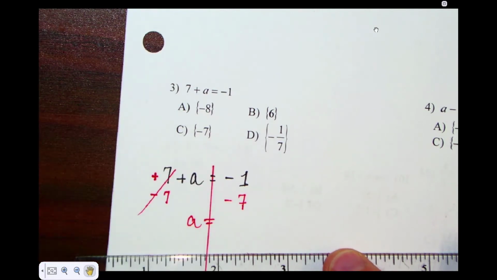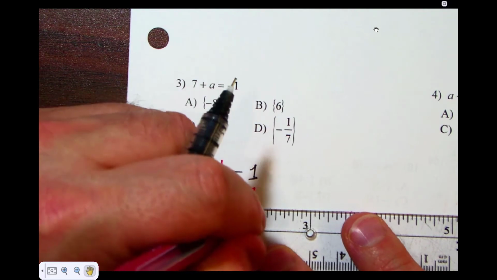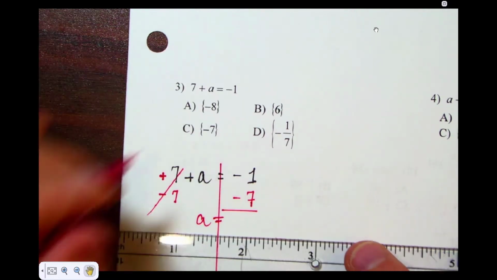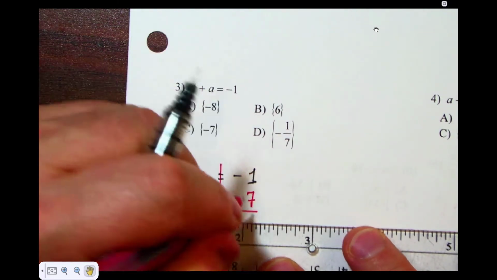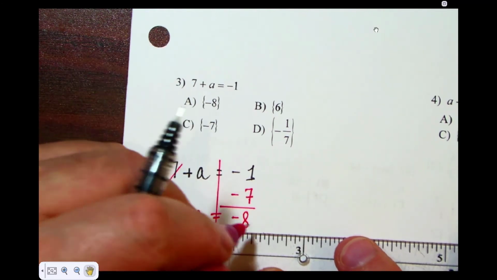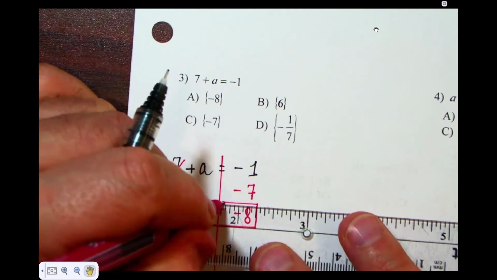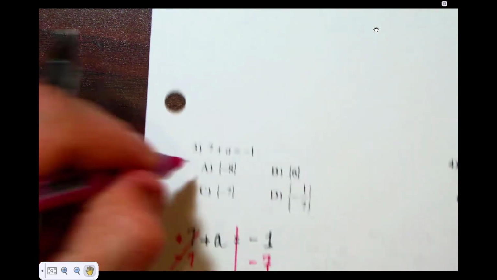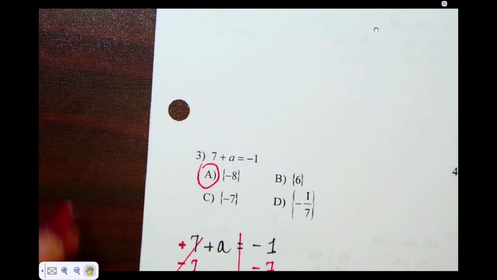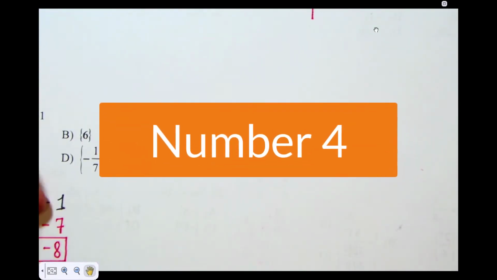And now on the right, we essentially add 1 and 7 to be 8, but the answer is negative, so it's negative 8. So A equals negative 8. Which would be A on this test form.